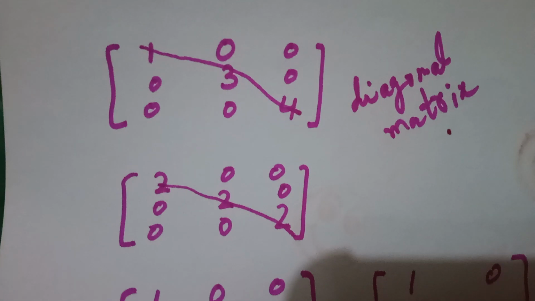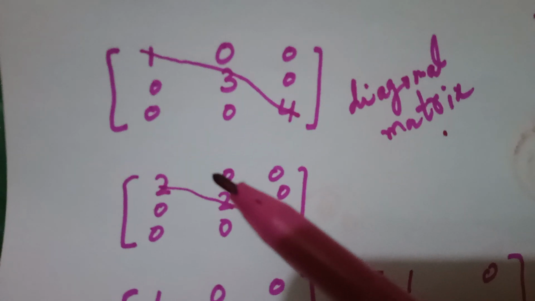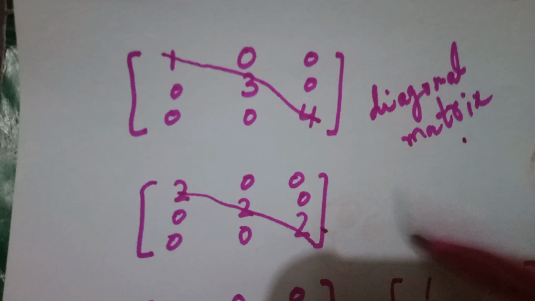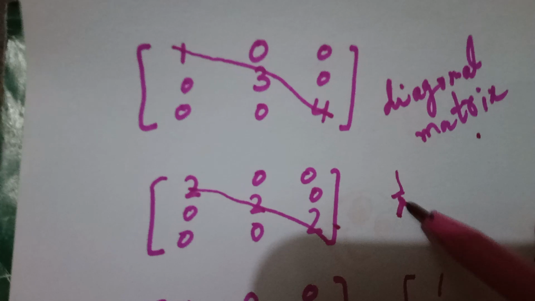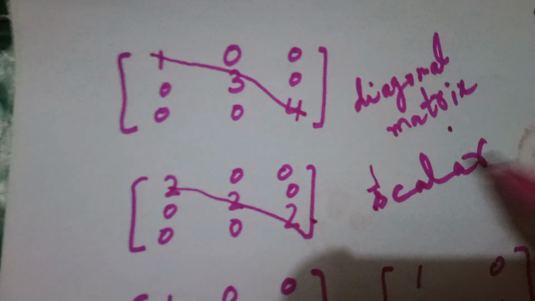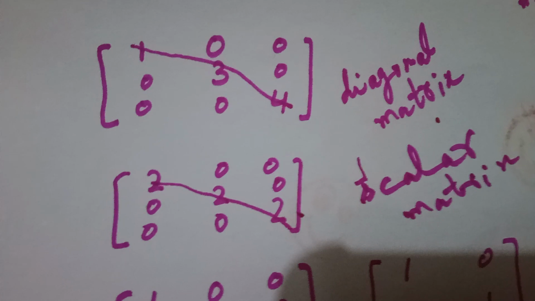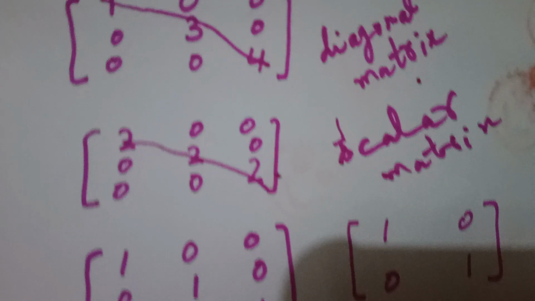This is called a simple diagonal matrix. But if the entries of the diagonal are the same, 2 2 2, you can say it is a scalar matrix. In a scalar matrix, entries of the diagonal are the same.